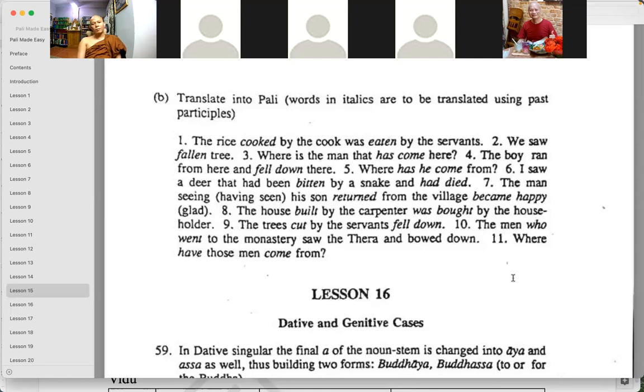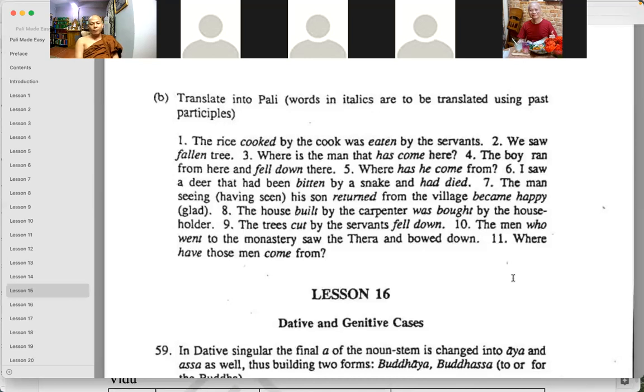So like this, there is a man: at that time, puriso atthi. But in another way, puriso upasako hoti. At that time, we cannot use atthi. Puriso upasako hoti. A man is a lay follower or lay disciple in this way. So the to-be sense is hoti, bavati, but the there-is sense is atthi or something in this way.